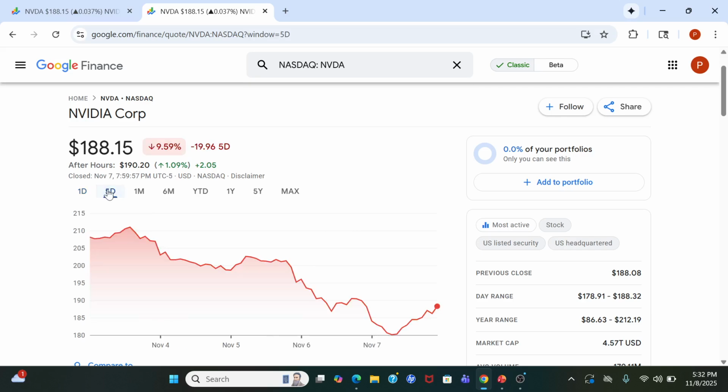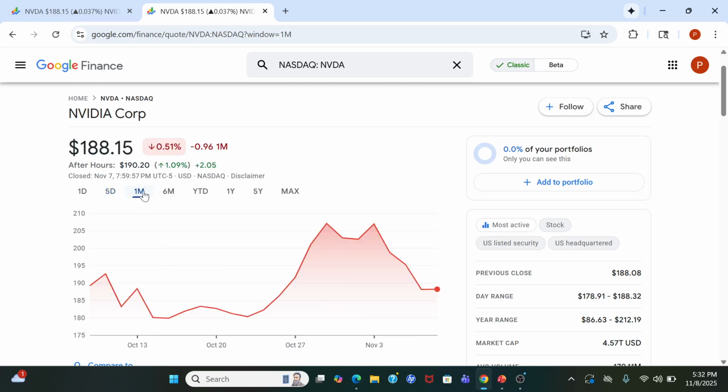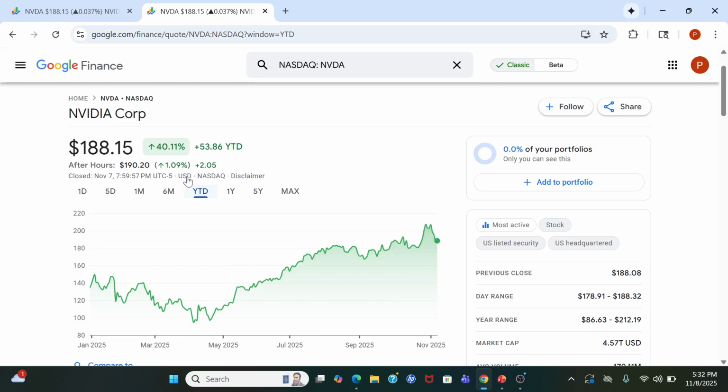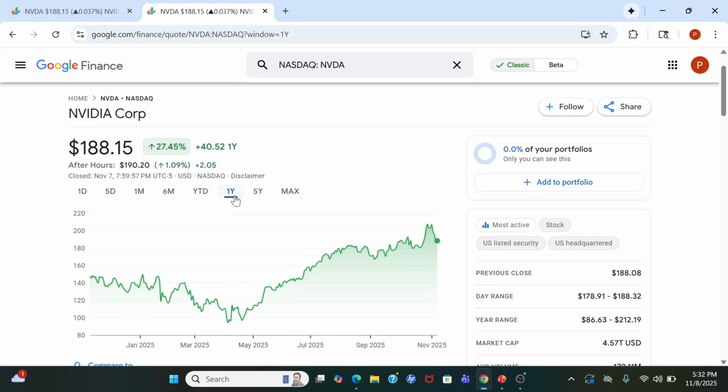Over 5 days, it's been down 9.5%. Last month, it's been down 0.5%, but over 6 months, it's been up 60%. Year to date is 40%, and over 1 year, it's been up 27%.